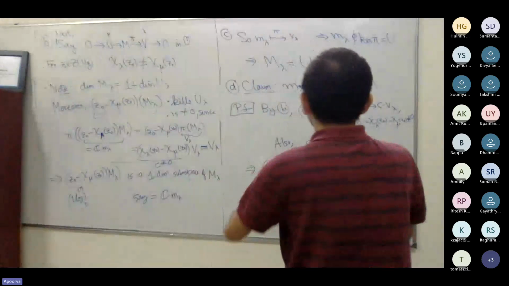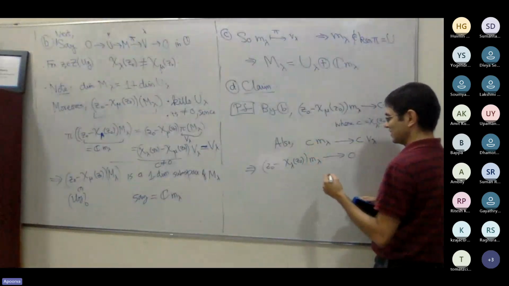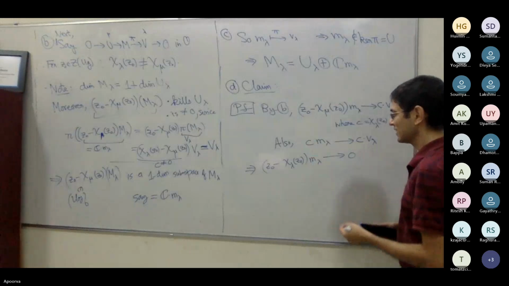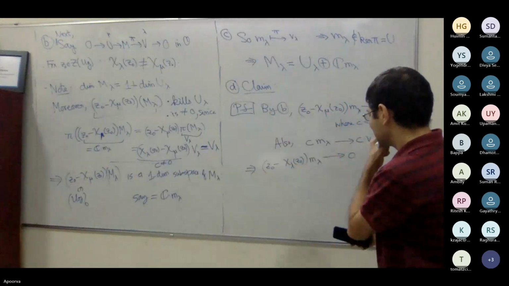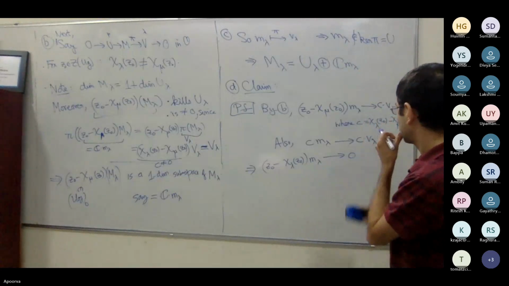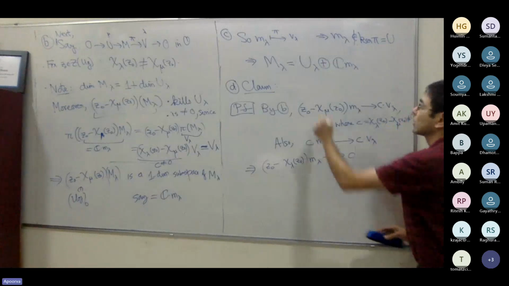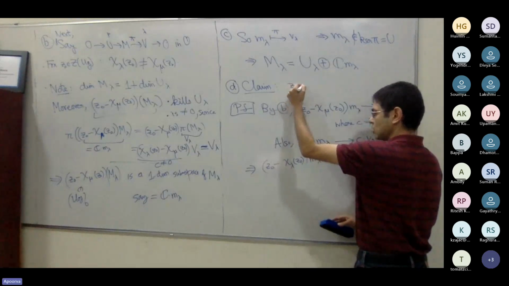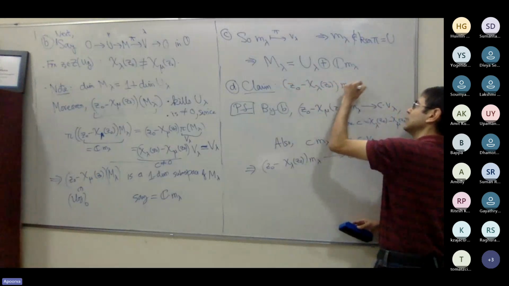So what I want to show now is this. Here the claim is this: we will prove that this is a direct sum, therefore of course it's maximal. That will be a consequence. First of all, let me just say that Z naught minus chi lambda of Z naught acting on M lambda equals 0.